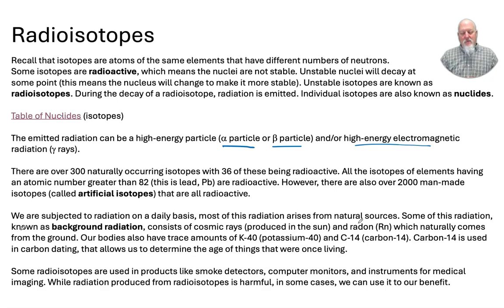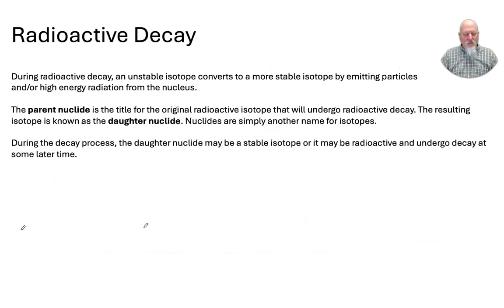The sun is a big nuclear reaction, and it produces a lot of particles that hit the earth, and we live on the earth, so we get hit by some of those. That's called background radiation, the radiation that we have no control over, that is just naturally occurring. What we try to do then is minimize the rest of the radiation that we are subjected to, and we'll talk about that a little bit coming up.